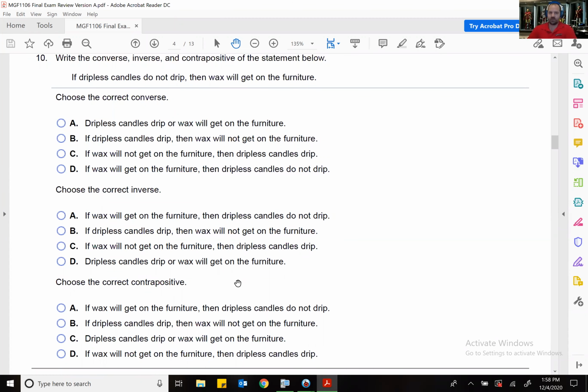So our statement is: if dripless candles do not drip, then wax will get on the furniture.